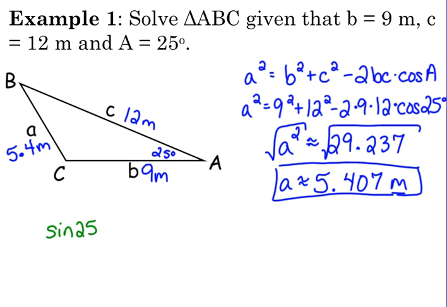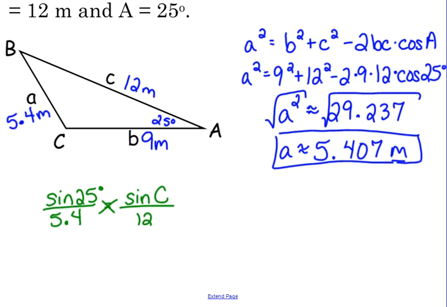Sine of 25 degrees over side A is equal to, my suggestion is when we are solving for this, solve for the bigger angle first. Sine of C over 12. Cross multiply and divide.